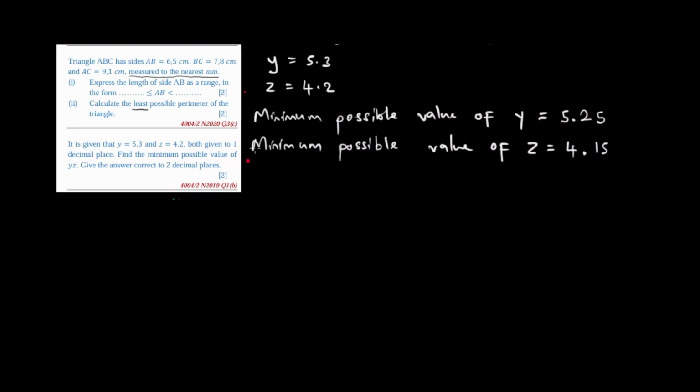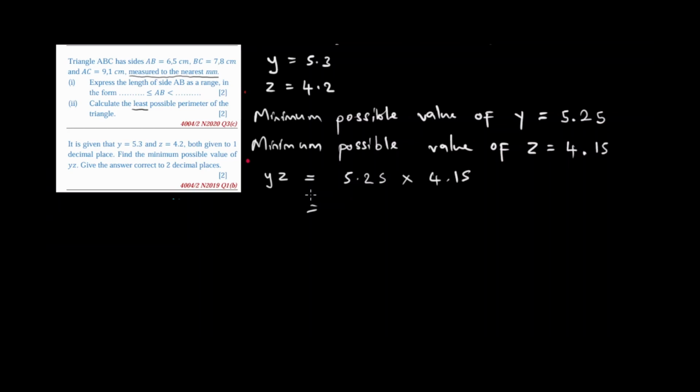Then tadai yz ichanetsere, yz is equal to 5.25 times 4.15. But since it's paper 2, as you can see up, it's actually paper 2 written November 2019, I'm going to use my calculator to save time.